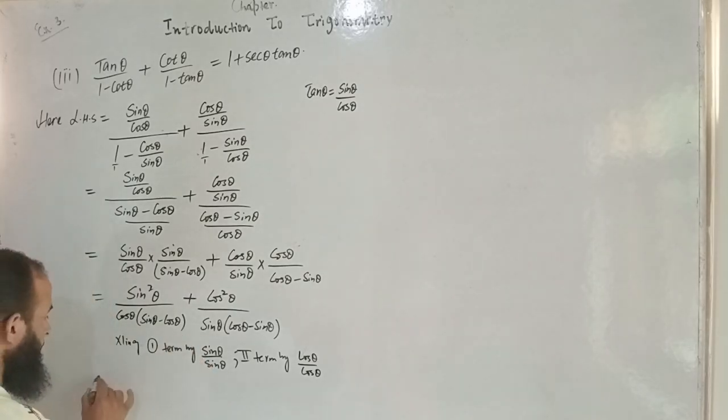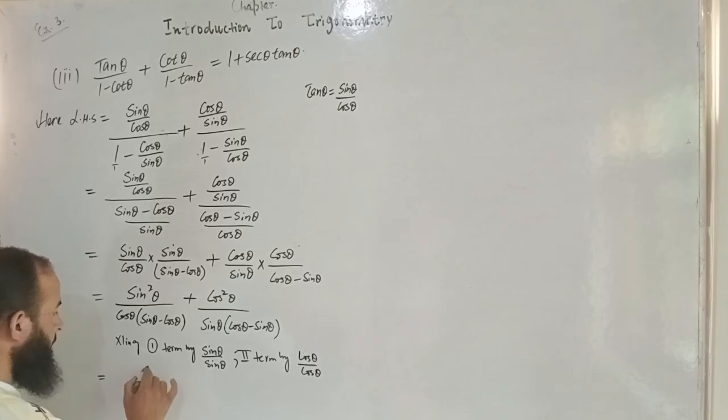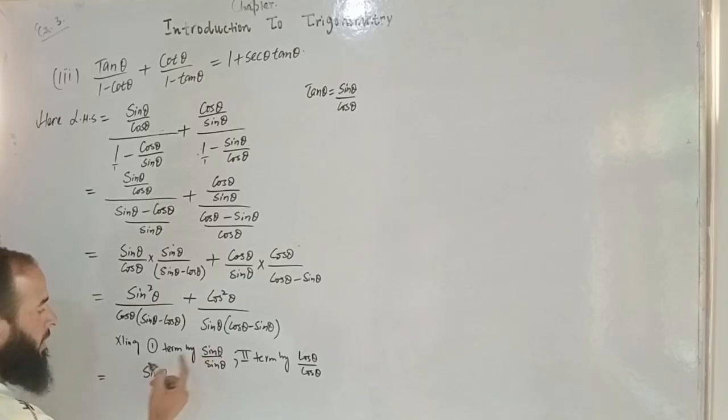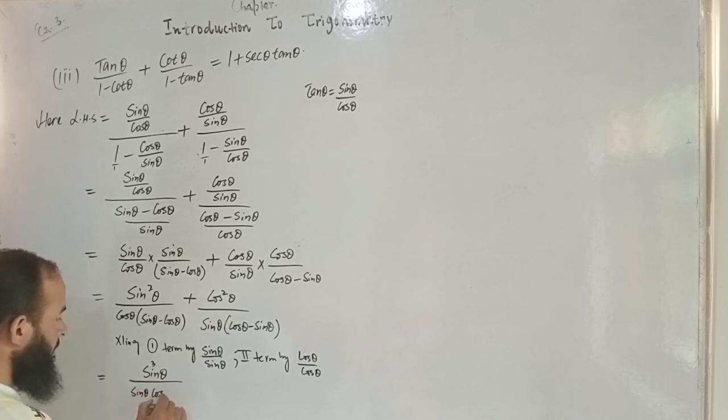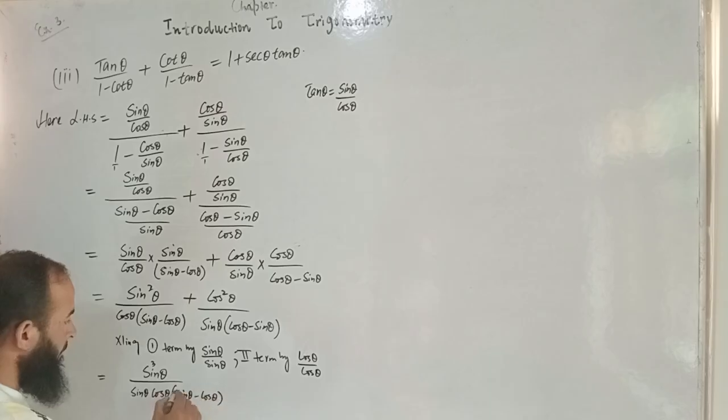So see, what will we do? We will write here sine theta. When we multiply it by sine theta, it will become sine cube theta. Sine cube theta upon sine theta cos theta into sine theta minus cos theta.